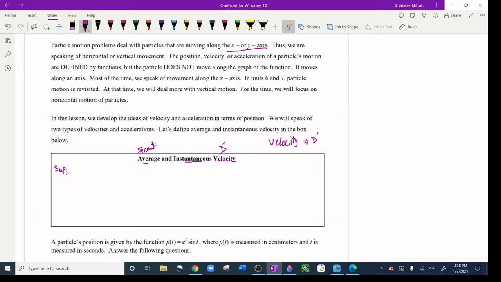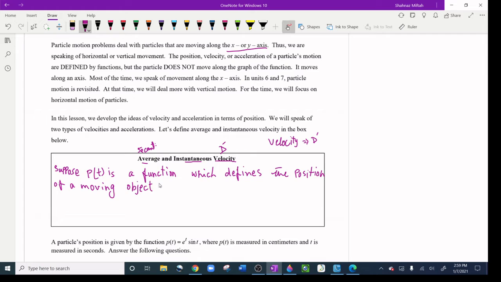Suppose p of t is a function which defines the position of a moving object at time t.